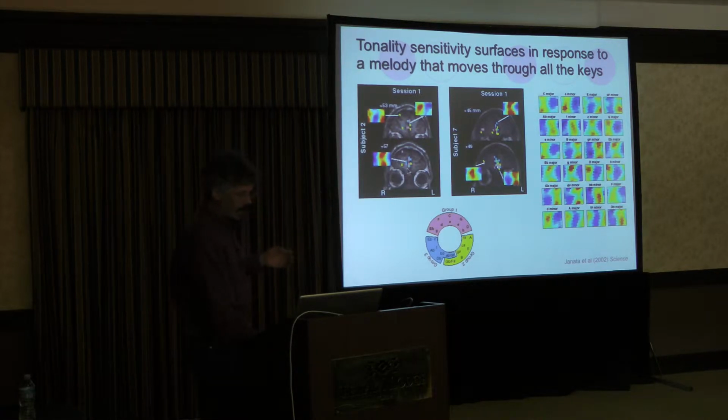And what's illustrated here is just the sensitivity on a particular session in a particular subject of a particular point in the brain to a particular region of tonal space.